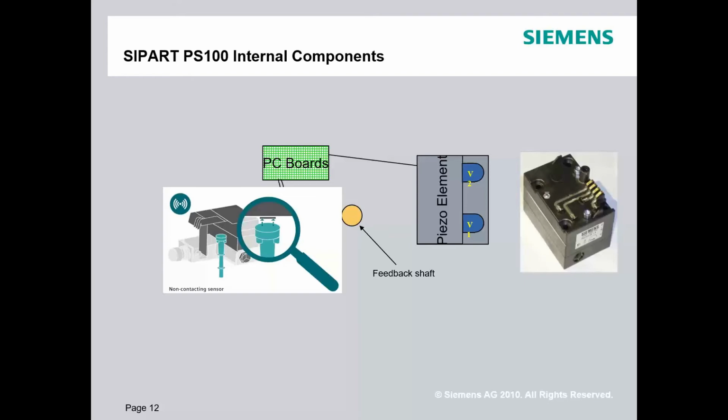And the heart of the PS100 and all digital positioners is that PC board. It's got a chip on there like a computer. So now I've got something watching the process, not just mechanically moving. And as Matt was saying, in the digital positioner world, the PS100, there's no zero screw, there's no span screw, there's no drift.